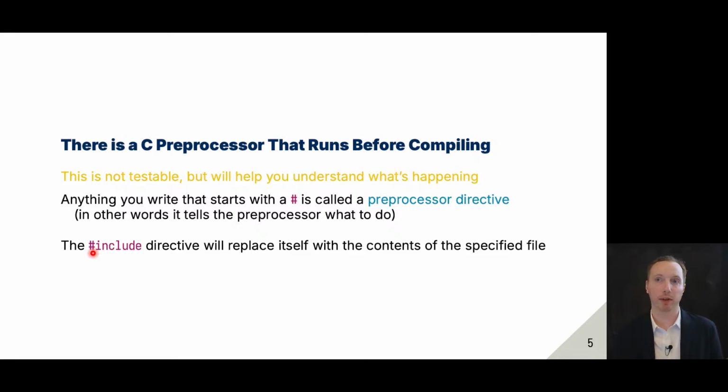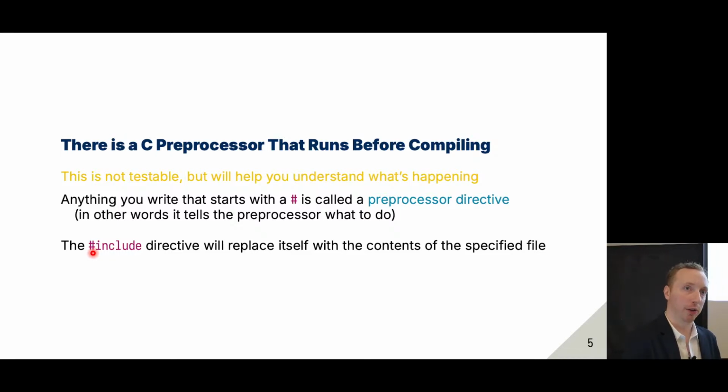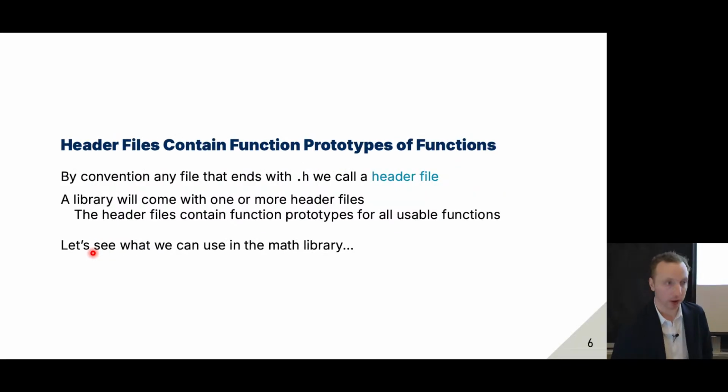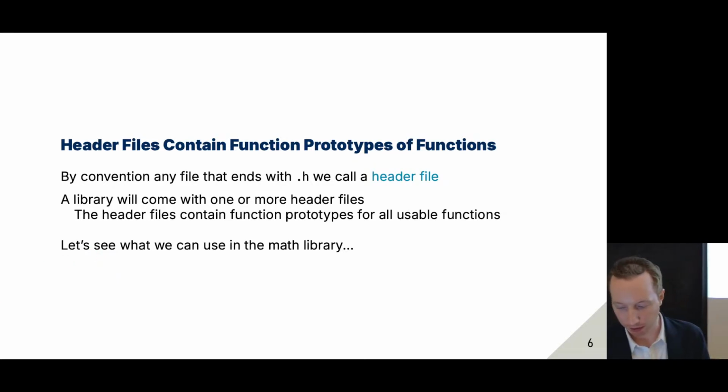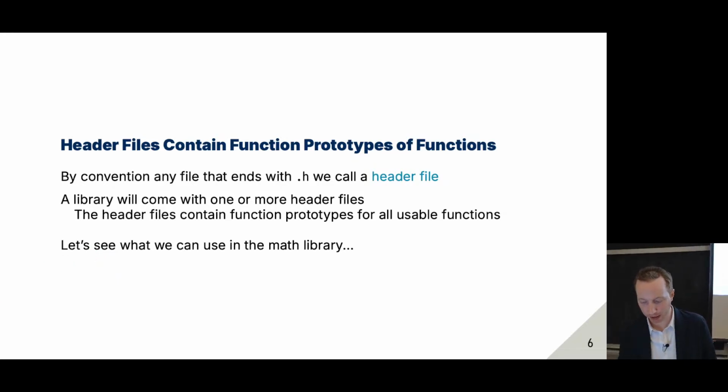Whenever the compiler runs, it will find that file and just replace that hashtag include with the contents of that file. Those files, you might have noticed, have all ended in .h. It's because they are called header files. Don't ask me why we call them header files, because they're supposed to be at the top or the head of your program. So that's why we call them header files, I guess.